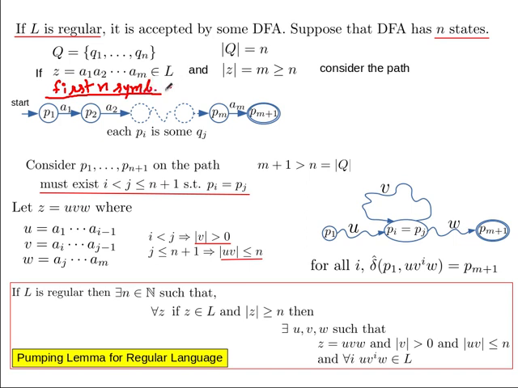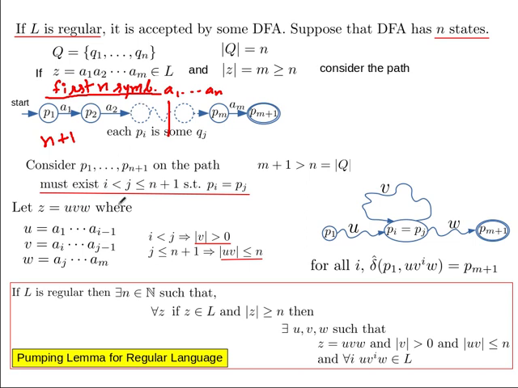But there are only n distinct states, so here there must be a repetition.